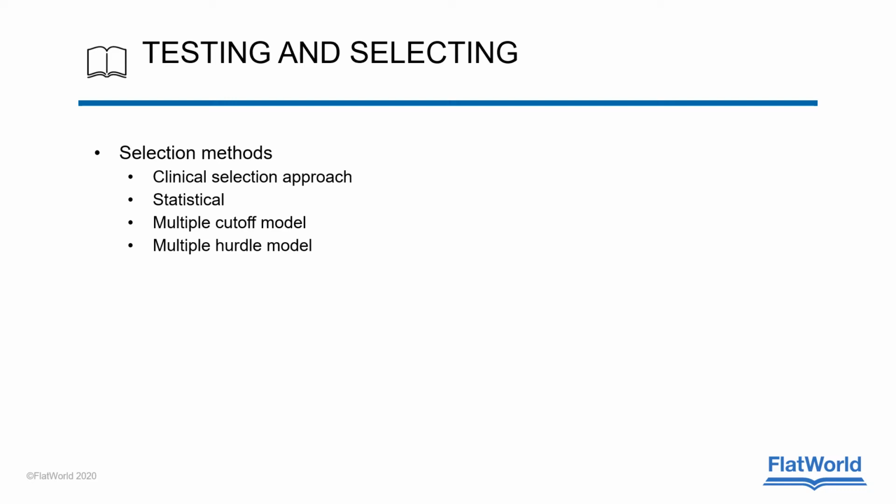The multiple hurdle model is related to the multiple cutoff, but it sets a maximum where you are only going to consider potential employees who have scored above a certain level. So rather than setting a minimum, you're setting the maximum cutoff in a way. People will only advance through the selection process after they've scored higher than, let's say, a 4 on a certain amount of criteria.